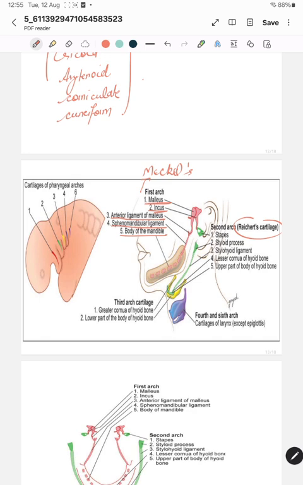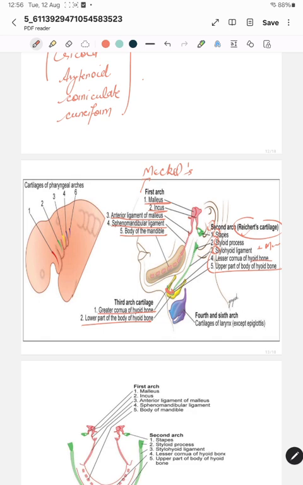Second arch, Reichert's cartilage: stapes, styloid process, styloid ligament, plus the stylohyoid muscle. Lesser cornu of hyoid bone and upper part of the body. Third arch, greater cornu of hyoid bone and lower part of the body.